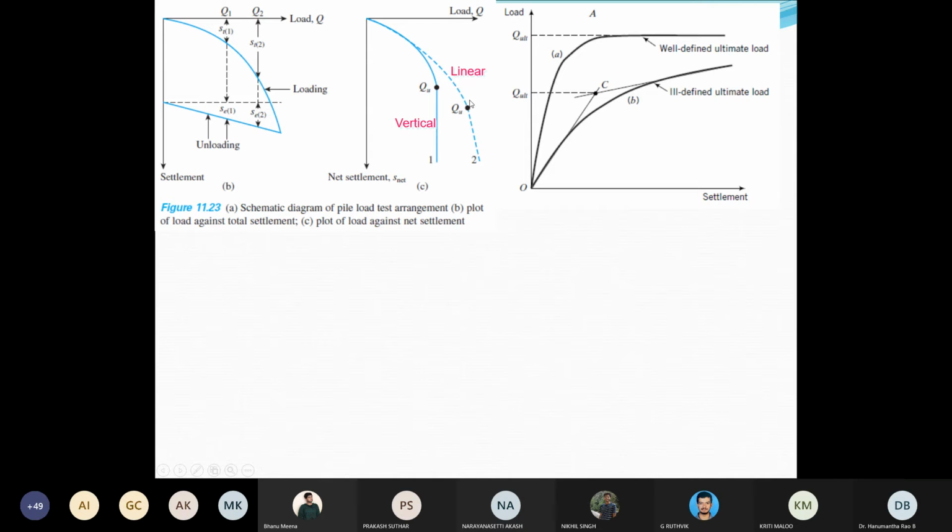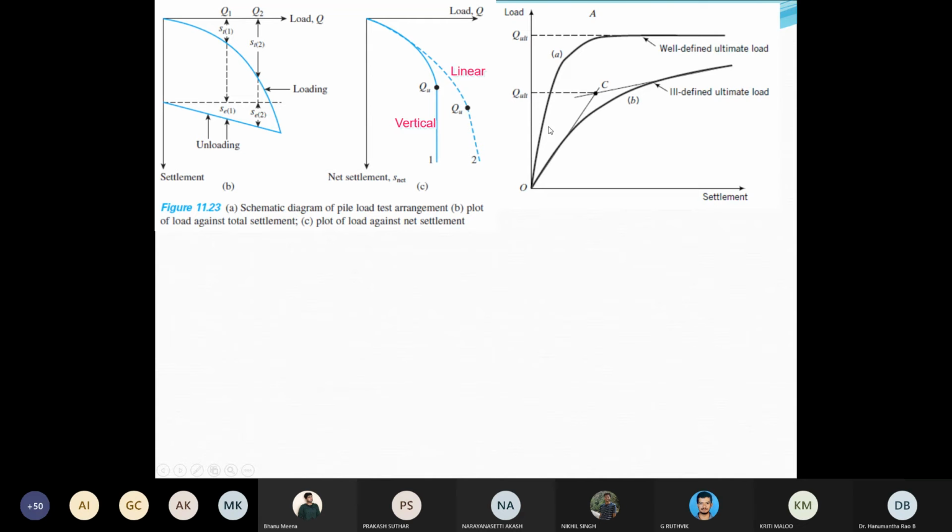In the case of this dotted line, wherever there is a change from non-linear to linear, that intersection point can be inferred as the ultimate pile capacity. Or alternatively, if it is the same linear but in a perfectly vertical direction, wherever the change occurs, that point can be interpreted as the ultimate pile load capacity.